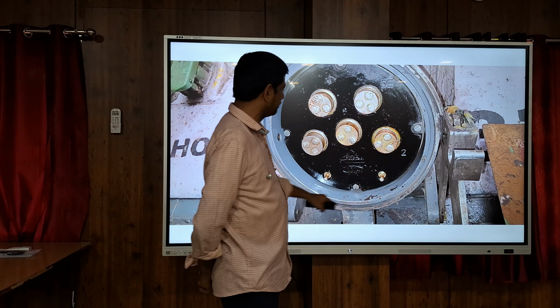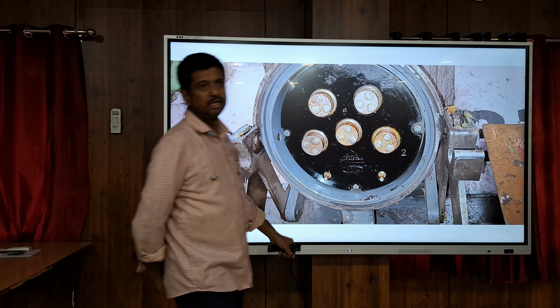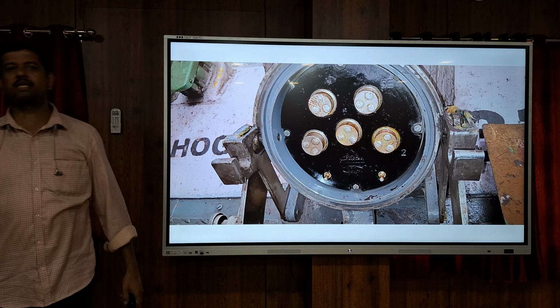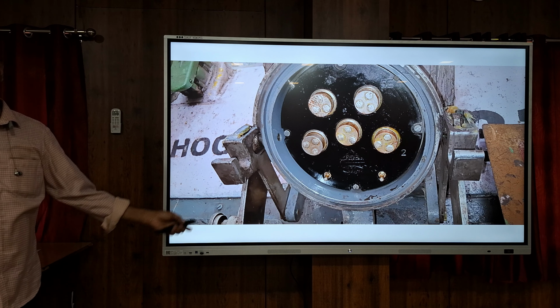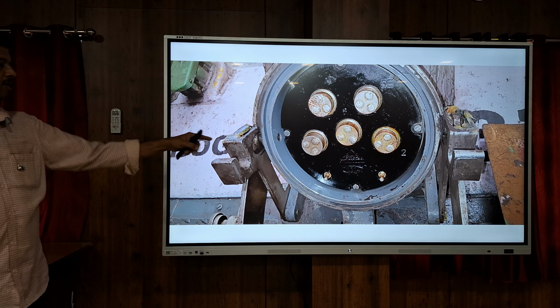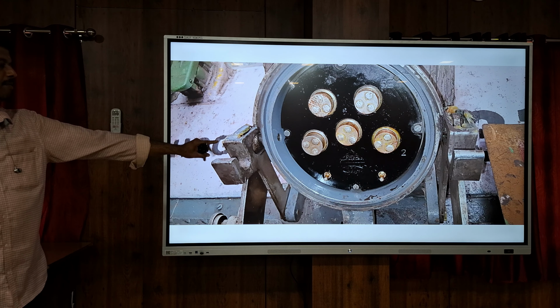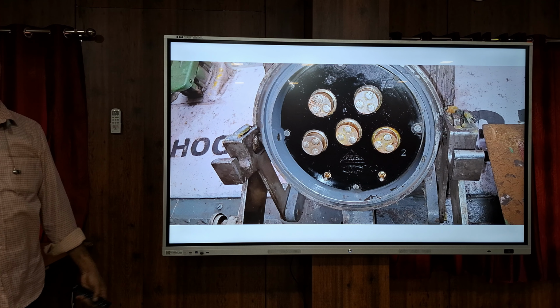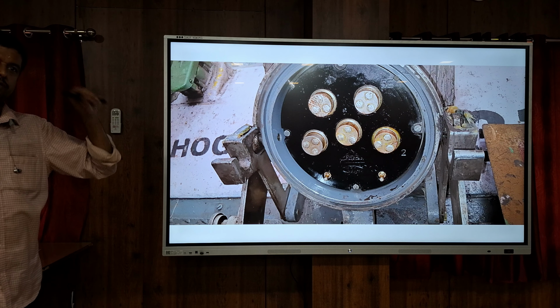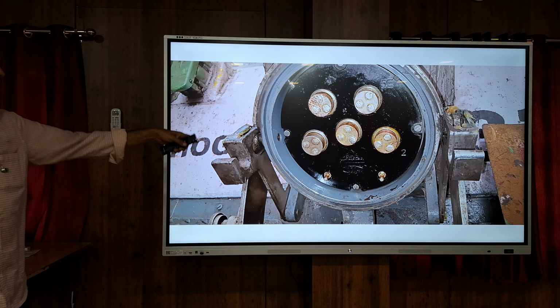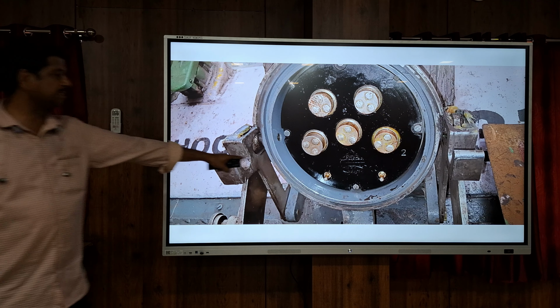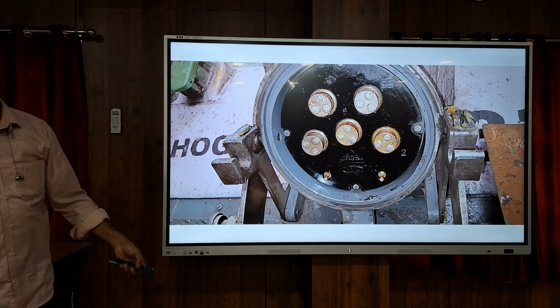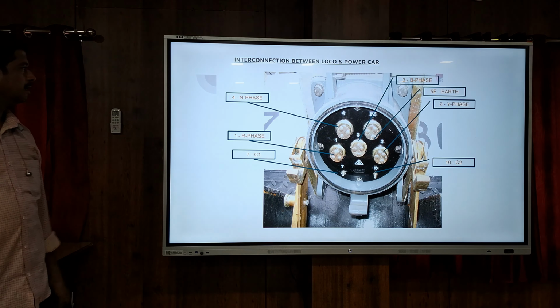This one is pin number 7 and this one is pin number 10. These two are for the control circuit to turn on the contactor from the power car. A 4 square mm control supply cable is connected to this, and this supply goes to the loco hotel load contactor. When the switch is turned on from the power car, through pin number 7 and 10, the supply will go to the output contactor.